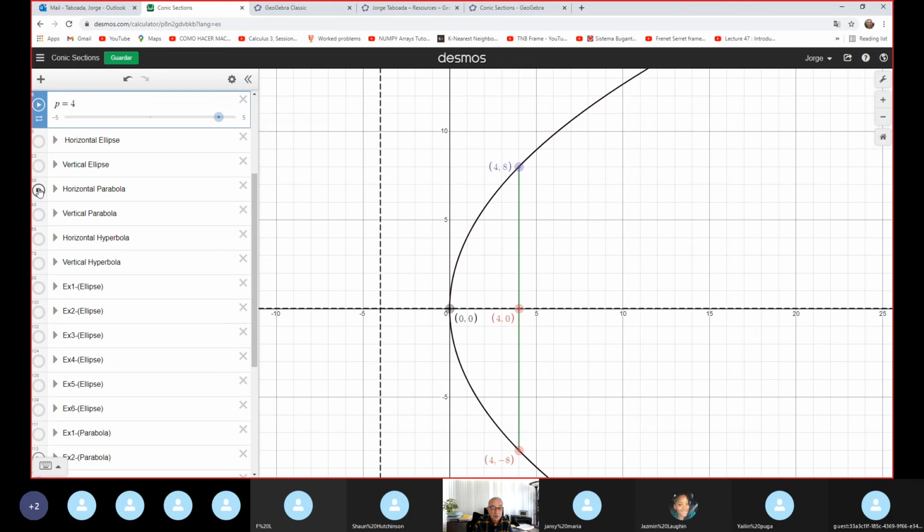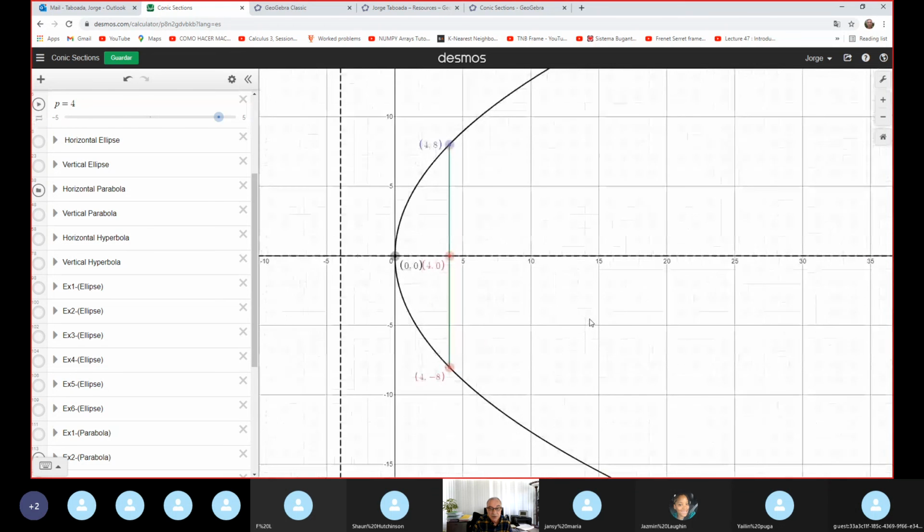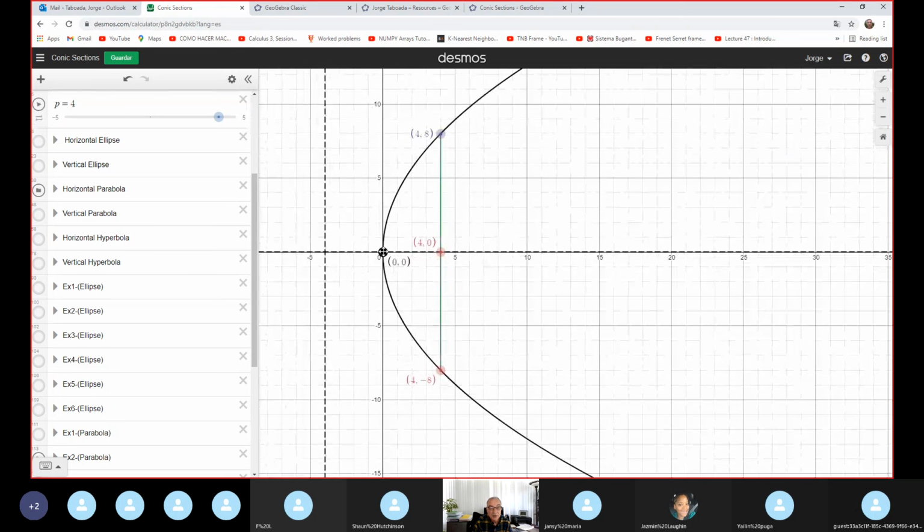Vertical, horizontal. Bang, double bang. Okay, you can see now vertex 0,0, focus 4,0, endpoints of the focal diameter 4,8 and 4,-8. Directrix is the vertical line, x equals -4, and the axis of symmetry is the horizontal line, y equals 0.